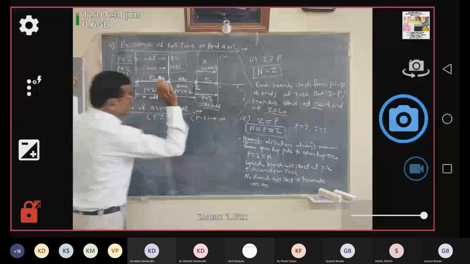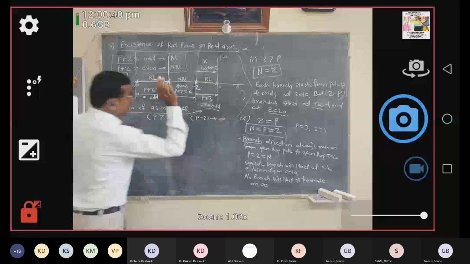Okay, so what do you mean by asymptote? Asymptote is nothing but it is simply a guideline for the branches to terminate on infinity. So write down the definition of the asymptote.